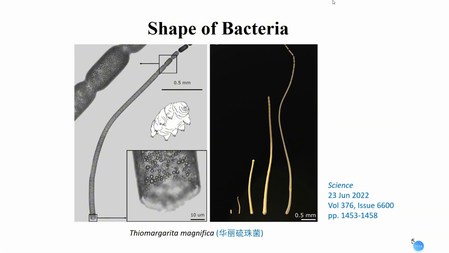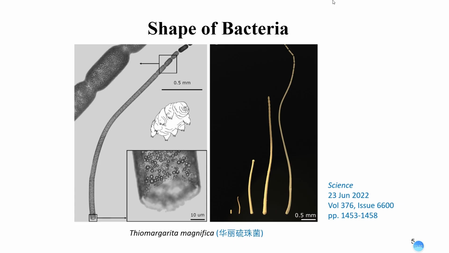Like this one. This is a newly discovered bacteria. The name of this one is Thiomargarita magnifica. So it's a bacteria recently discovered, and it was published in Science in 2022. And this bacteria can be very long, as long as 1 to 2 centimeters long.